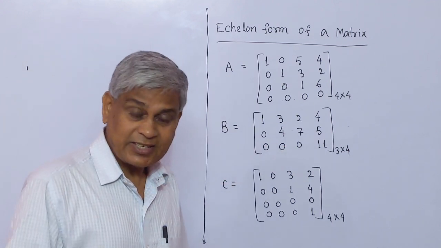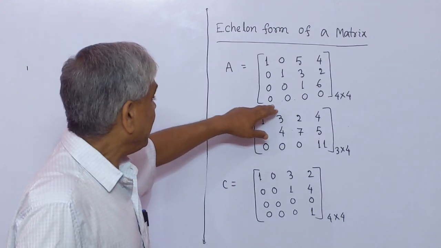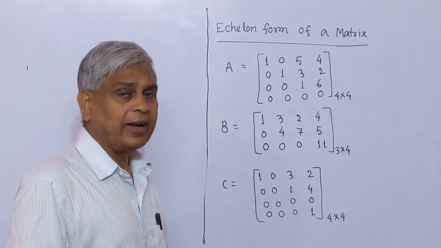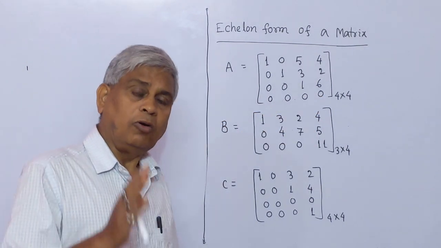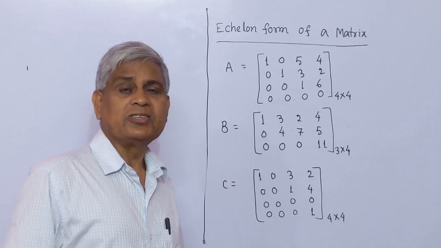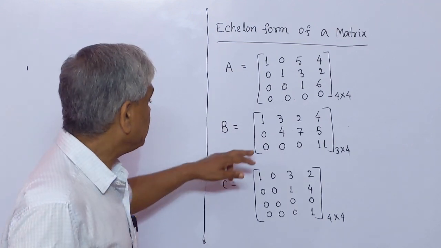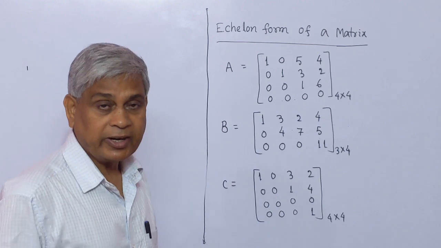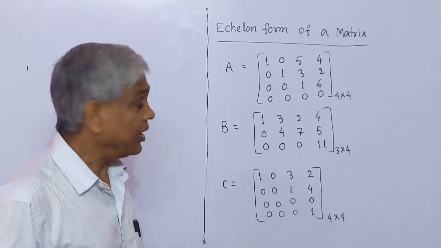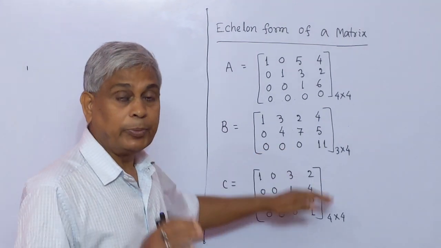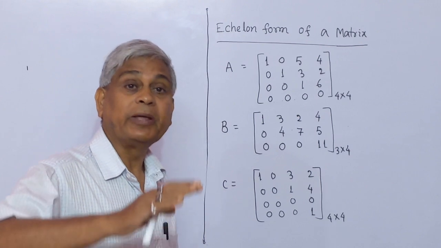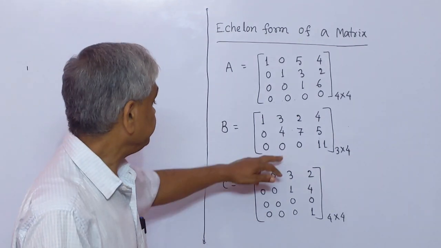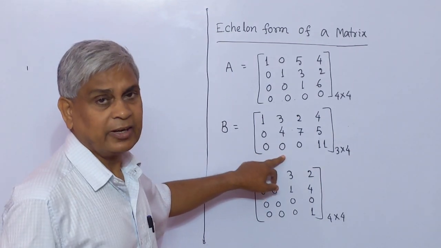It is not necessary that the last row should contain all entries 0. The only logic is that the number of zeros of a row before the non-zero entry is less than the number of zeros before the non-zero entry of the next row. This is the main point.